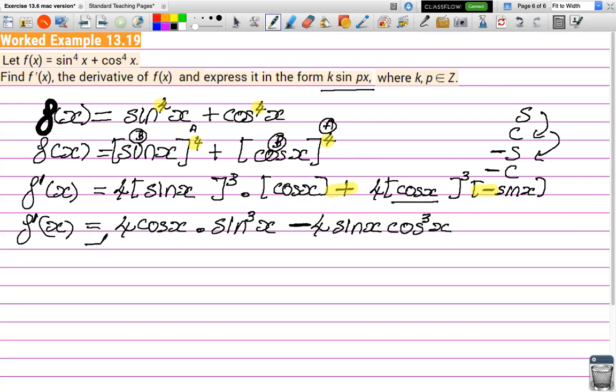Now we know we haven't finished because this thing here doesn't match the answer. So when in doubt, factorize it out. So 4 is a common factor, and cos is a common factor. So we can take out cos x as a common factor. And we've also got sine is common to both.